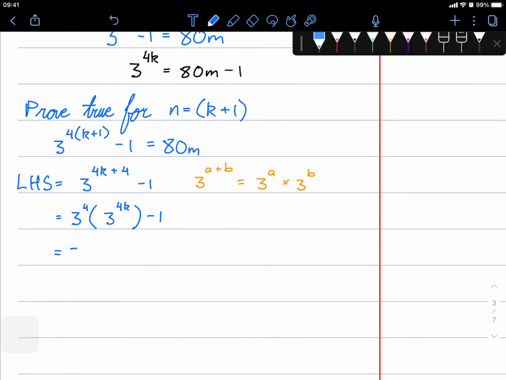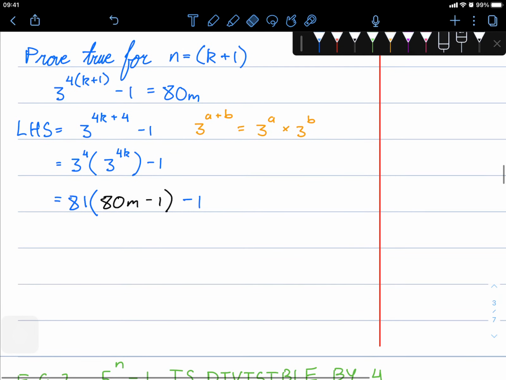Substituting that, we get 3 to the power of 4, if you type it into your calculator, you get 81, times, now 3 to the power of 4k can be substituted with that value, 80m plus 1, minus 1. Let's be consistent.